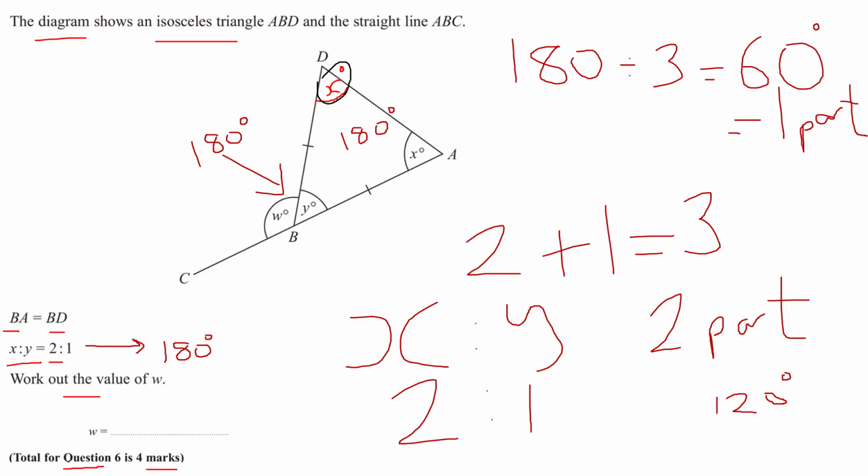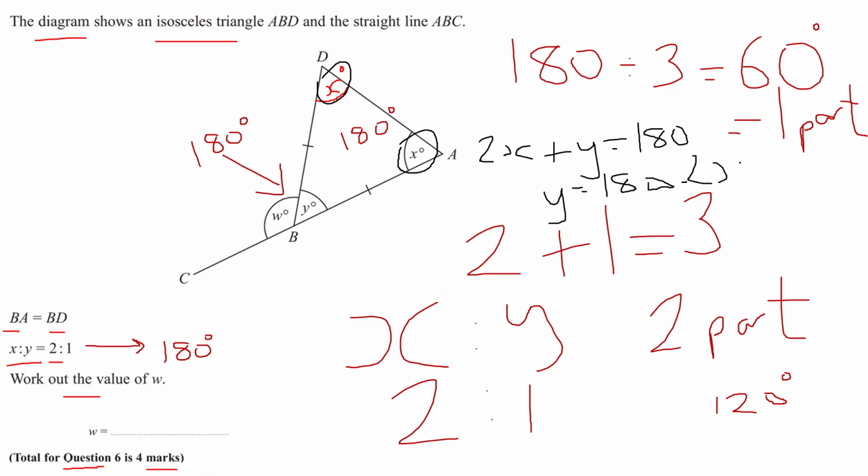So these two are going to be the same, right? So 2x plus y has to equal 180, so y is equal to 180 minus 2x, and w will be equal to just 2x.